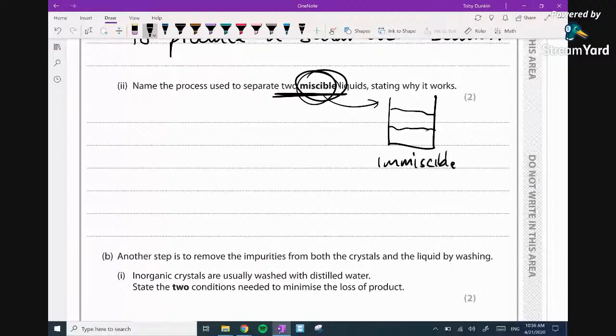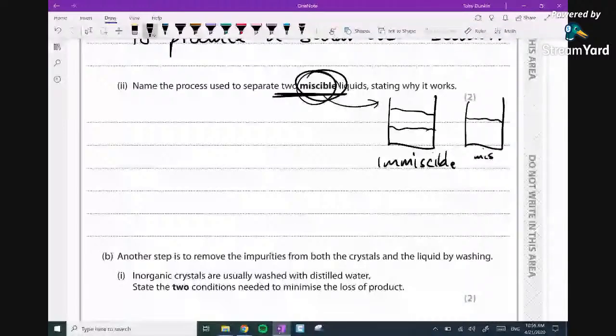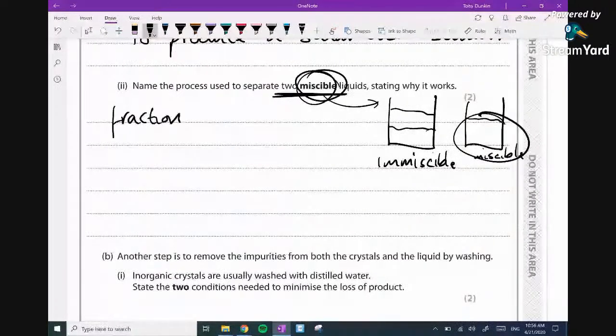You will form 2 distinct layers, with the more dense one at the bottom. But if they are miscible, they form a single mixture, no layers. What that means is you're going to have to use fractional distillation. So to separate 2 liquids that are miscible, fractional distillation.